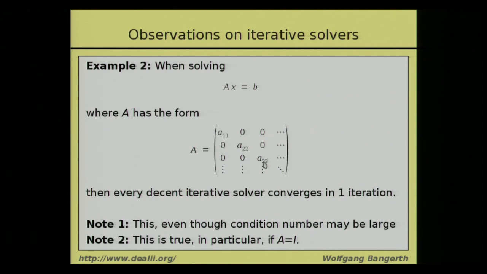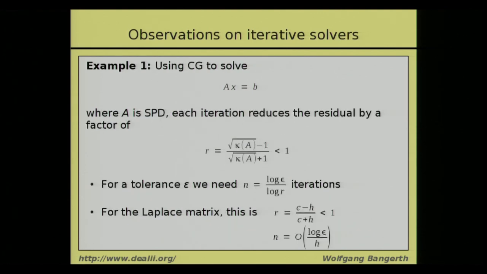But what I hinted at before is, in this case, this is a totally reducible matrix. Every one of these diagonal blocks, of these 1 by 1 blocks, is its own reduced matrix, and each one of these reduced blocks has condition number 1. And as a consequence, I can look at the previous slide again. If the condition number is 1 of a block or of a matrix, then the square root of 1 minus 1 is 0.